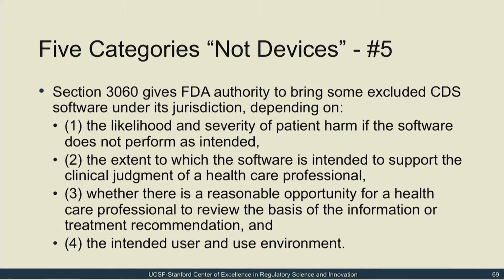If FDA believes that software of the types described would be reasonably likely to have serious adverse health consequences, to bring the software back into its jurisdiction, the agency must issue a final order in the Federal Register, providing its rationale based upon the potential for and severity of patient harm if the software does not perform as intended, the extent to which the software is intended to support the judgment of a healthcare professional, whether a healthcare professional has a reasonable opportunity to review the basis of the information or treatment recommendation, and finally, the intended user and use environment.